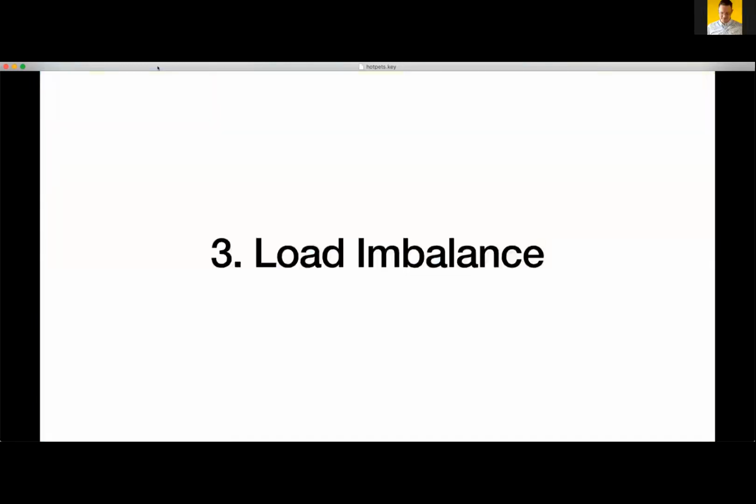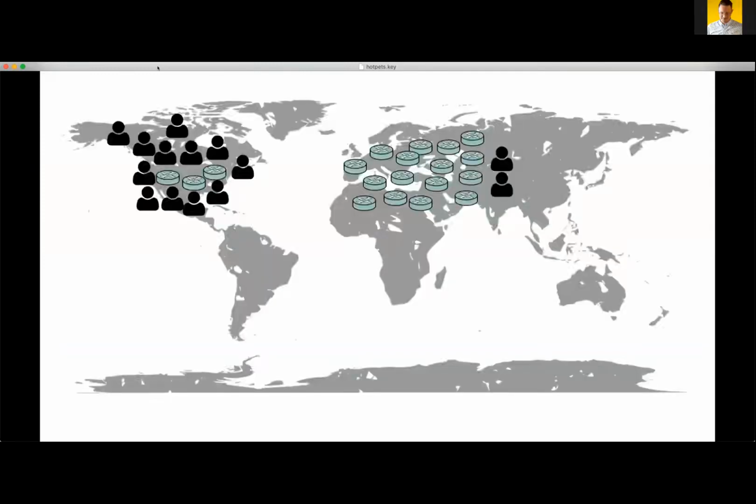And then the third issue that affects these location-aware systems is load imbalance, which I really couldn't fit into the story that I was telling, but the idea is simple. If the distribution of users in the network does not match the distribution of relays in the network, it means that we'll have some load imbalance.